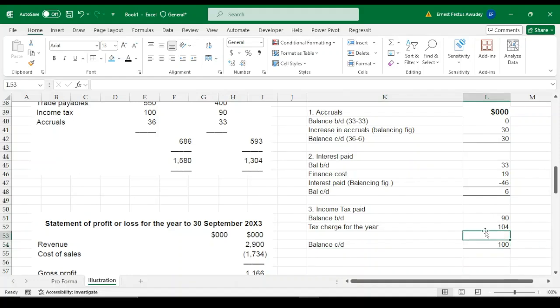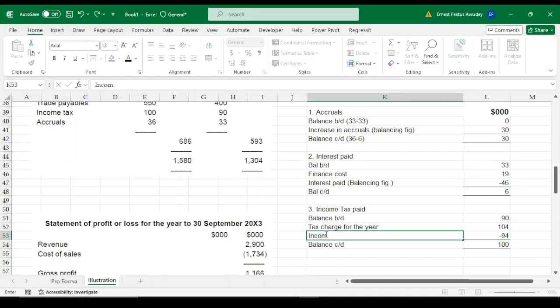Then the balancing figure, which we are going to calculate just as we have done for interest paid, is going to be the closing balance, or the balance carried down, minus these two figures. And that is going to give me $94,000 there. And that is our income tax paid.